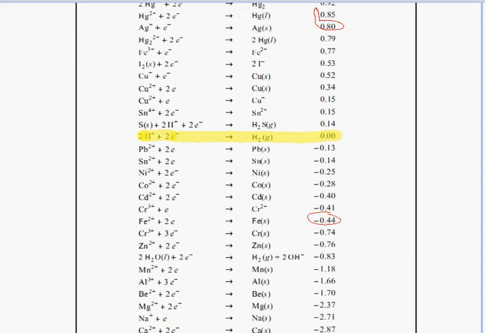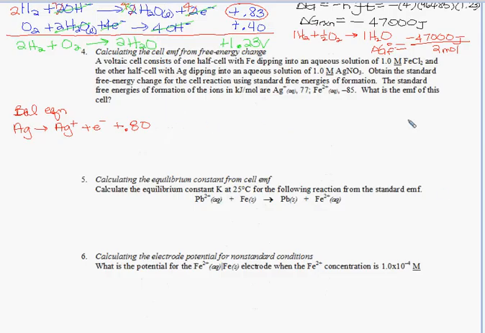Oh, silver ions turning into silver. Okay, hold on. Silver ions turning into silver is positive 0.8. Sorry about that.